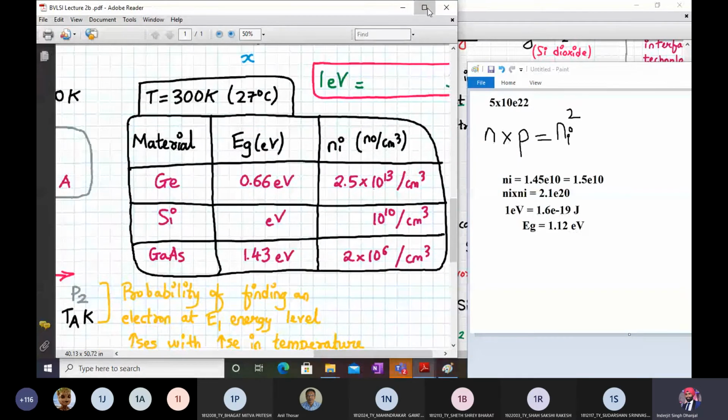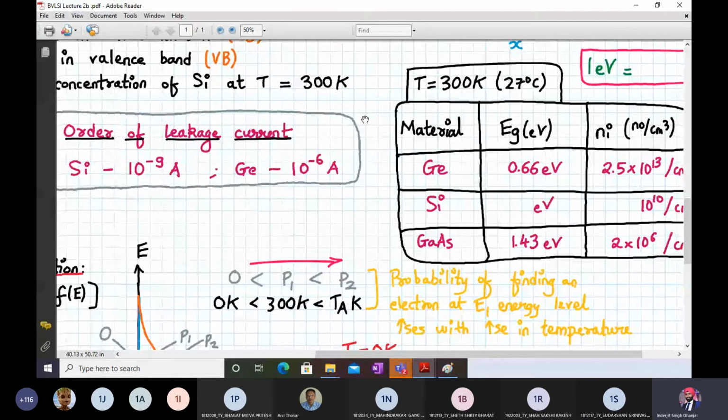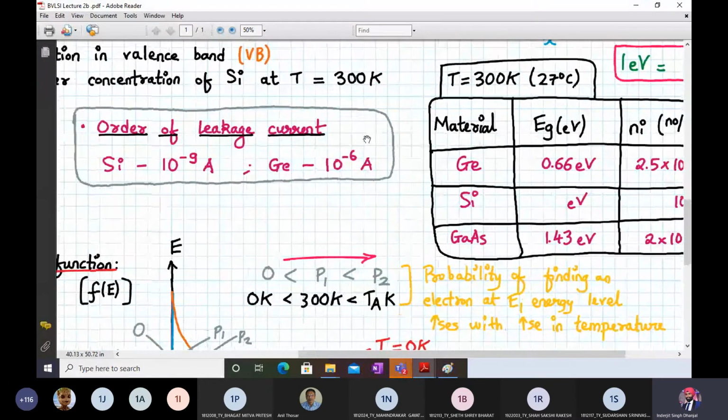So it's a very, very important observation over here, correct? Now, why do we prefer silicon over germanium? The reason is that the leakage current in silicon is much lesser as compared to germanium. In silicon, the leakage current is of the order of 10 raised to minus 9 amperes, that is nanoamperes.